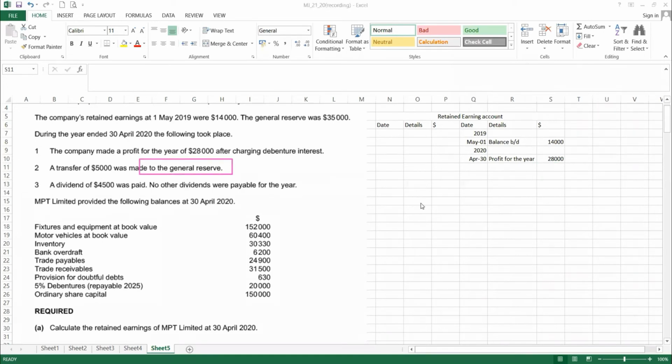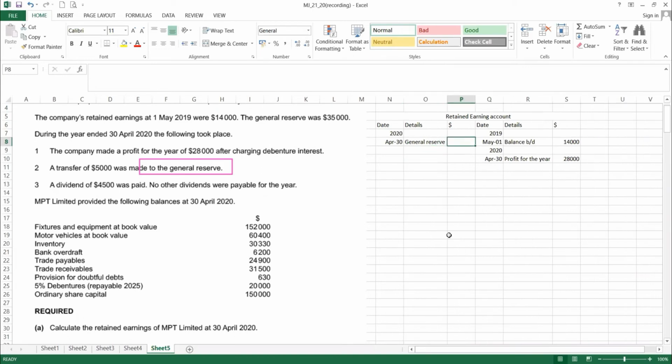So in this case, retained earnings has to be debited, to the general reserve, 5,000.